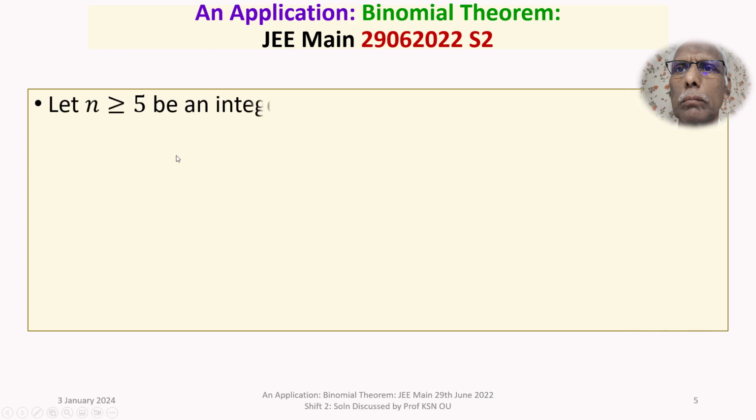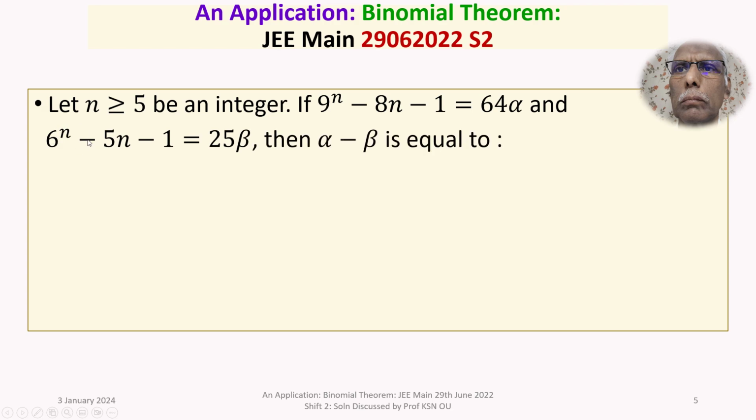The given question is, let n greater than or equal to 5 be an integer. If 9 power n minus 8n minus 1 is equal to 64 times alpha and 6 power n minus 5n minus 1 is equal to 25 beta, then alpha minus beta is equal to, we are given four options.